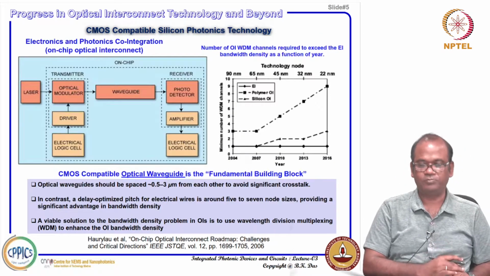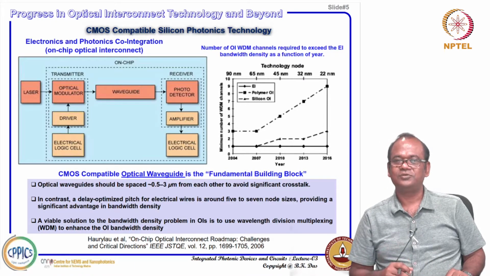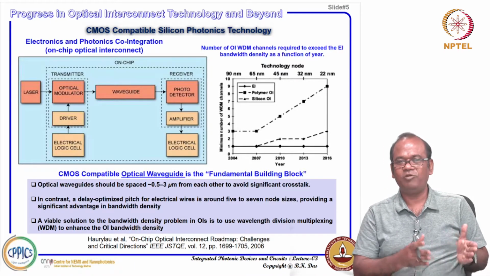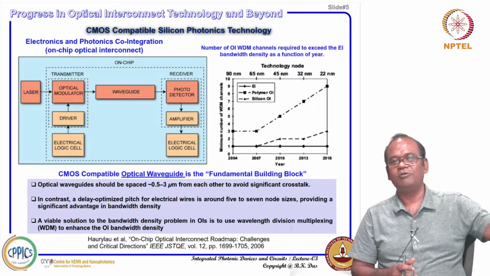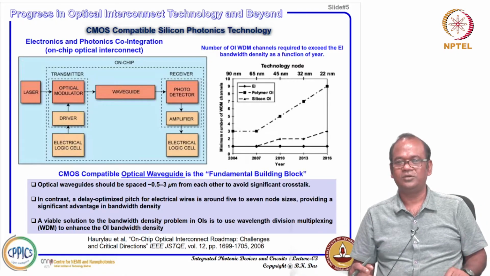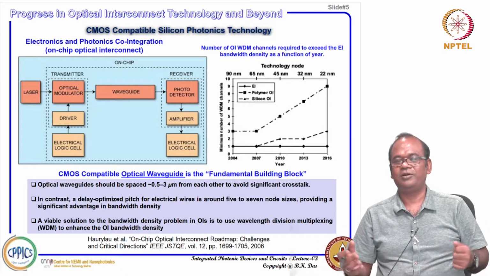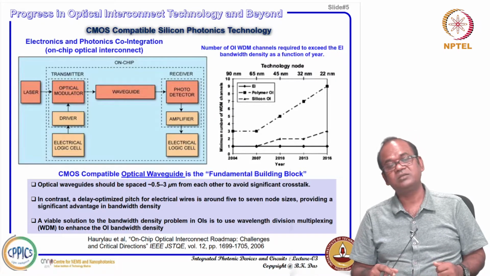So, chip to chip. Now, the next level is that, as I tried to give you a picture, in the 1980s came the success of long haul communication, then in the beginning of this millennium people tried to go for short haul communication, rack to rack communication, a few meters to several hundred meters, just replacing electrical copper cables.